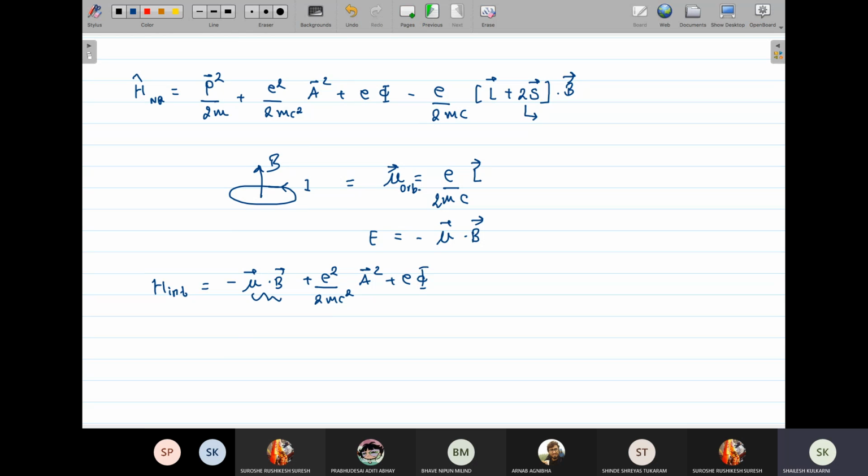Let us concentrate on this piece only. Here the mu is basically mu orbital plus mu spin.